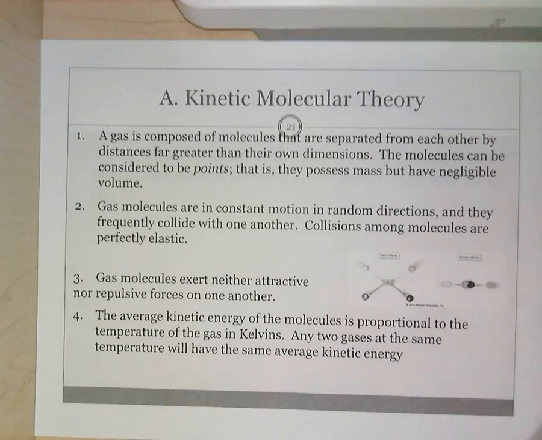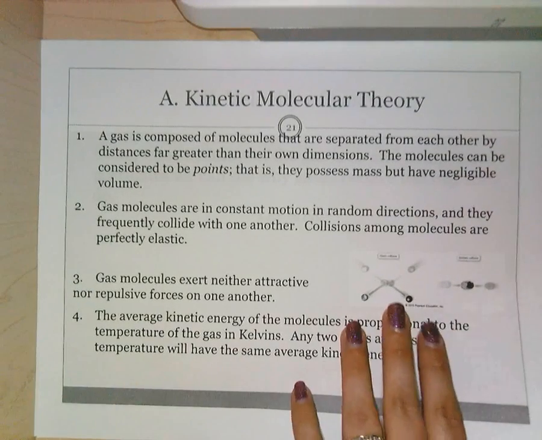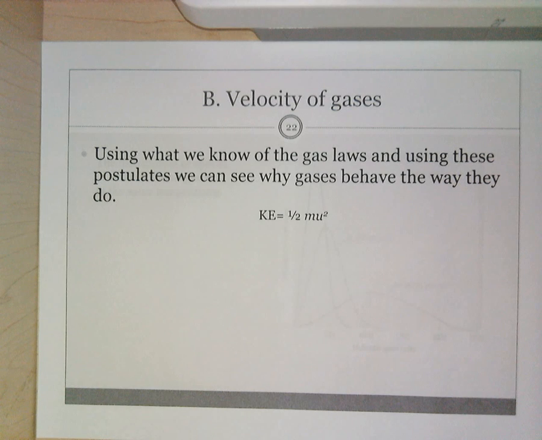So, using what we know, the gas laws, and those four postulates, we can see why gases behave the way that they do. According to the kinetic molecular theory, particles of different mass have the same kinetic energy at the same temperature.